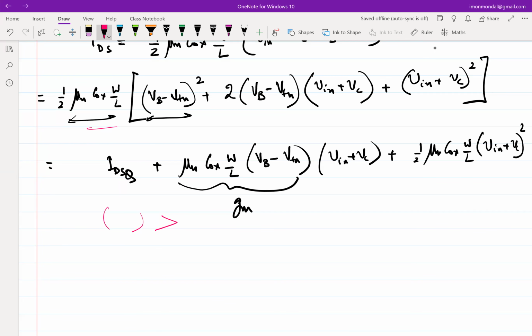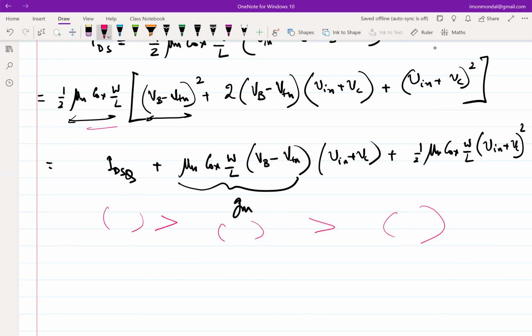And one might say I can bias the transistor in a very distorted regime, but from whatever we have learned in analog circuits till now, we expect that the distortion part, which is the last part, will be negligible with respect to the linear part, right? So this is greater than this, and this term is obviously the minimum.